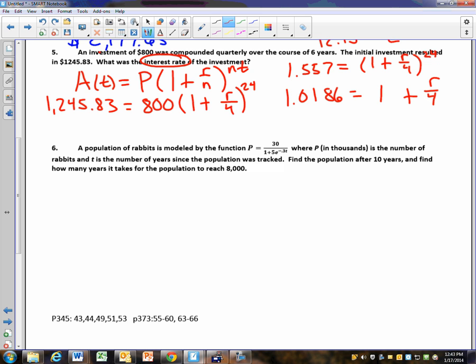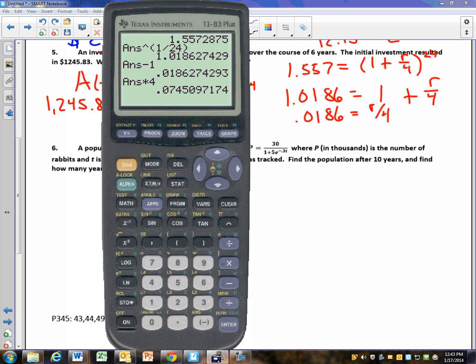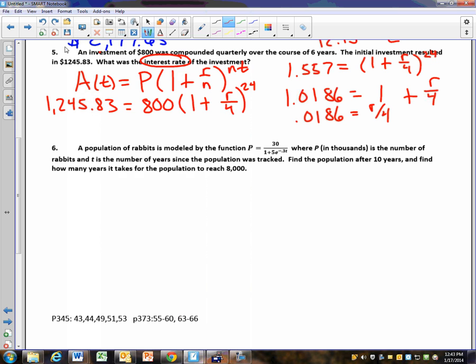Very good. Now we solve by subtracting 1. So you get 0.0186 is equal to r over 4. Multiply both sides by 4, and you get 0.0745.